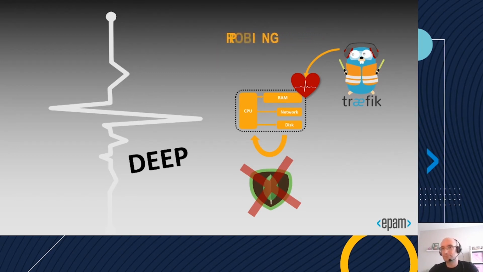So one of the solutions for this problem is using probing. That means that I should simply submit a synthetic request that goes through the same path as a normal transaction. And if it reports a successful response, I can probably say that a real request will be okay.